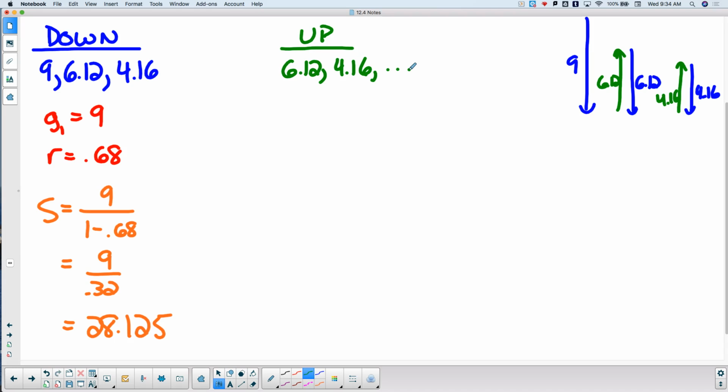That gives me a first term of 6.12. That gives me an R value of what? Still 0.68. So that one can be calculated then.